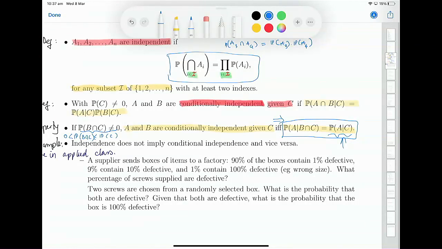So the probability of A given C is well defined. When you define a conditional probability, you need the condition that the probability of the given event is different from 0. So that's why it's well defined.